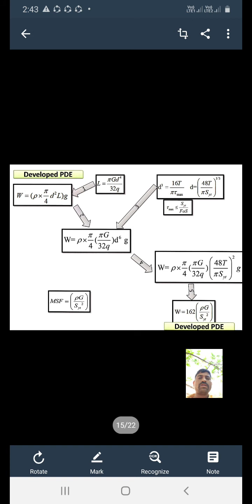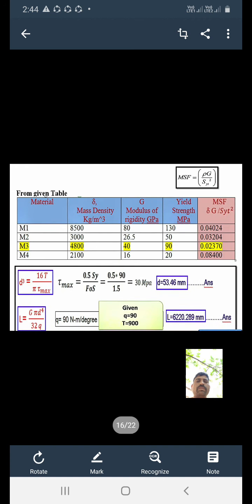Here we have calculated d cube, which means 48T divided by pi into SYT, raised to 2. Then again you can modify, W is equal to 162 T square rho G divided by SYT square, and MSF is equal to rho G divided by SYT square.